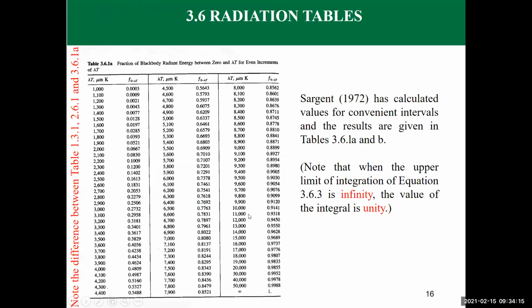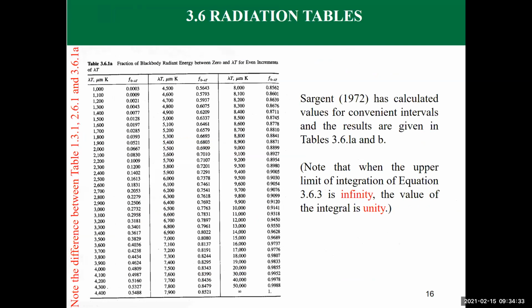And doing that, the values of the integration are tabulated here so that you can get the fraction of the solar energy falling at a certain value of lambda T. So in order to estimate the fraction, you need to identify the wavelength and the temperature.